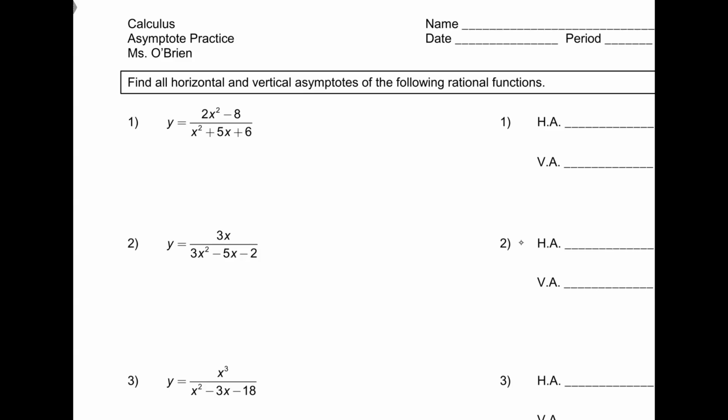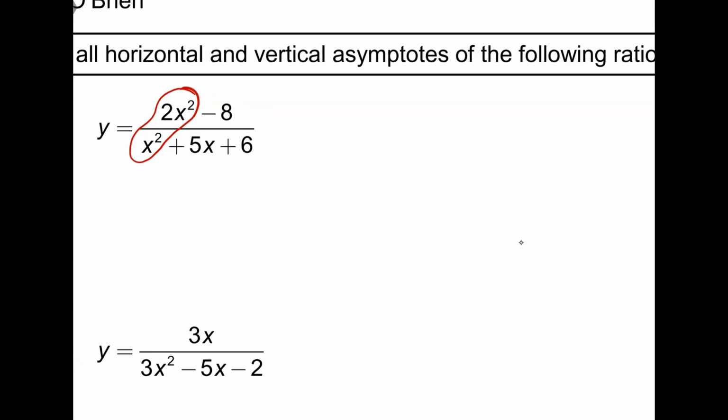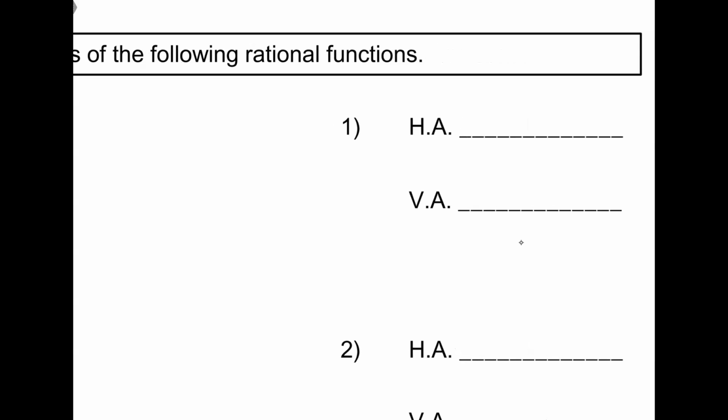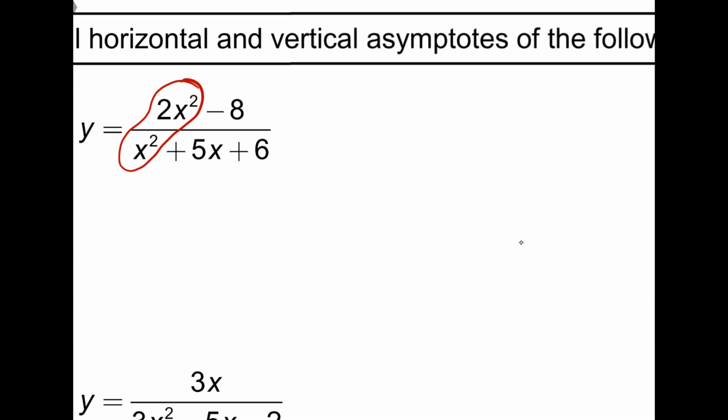Find the horizontal and vertical asymptotes of the following functions. So, let's find the horizontal first, using the leading term test. Y equals 2, since they have the same degree. To find vertical asymptotes, though, I have to fully factor it.